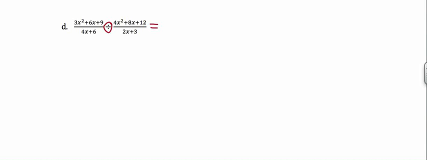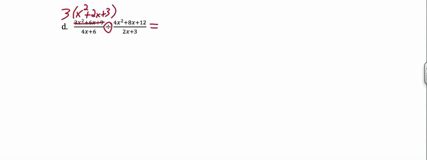All right, I'm going to kill two birds with one stone. I'm going to factor the left-hand fraction, and then factor the right-hand fraction and flip it, all in the same step. There's a GCF of 3 here, and I'm left with x squared plus 2x plus 3.